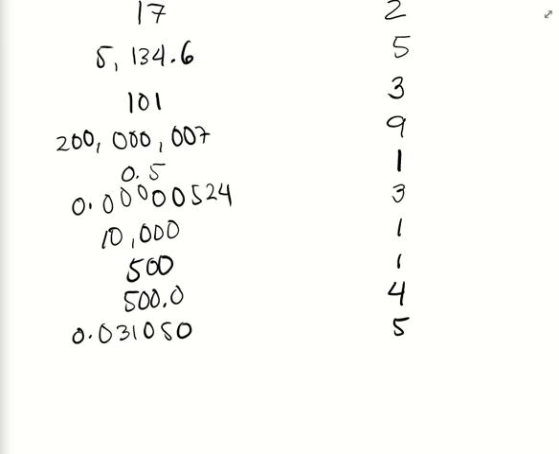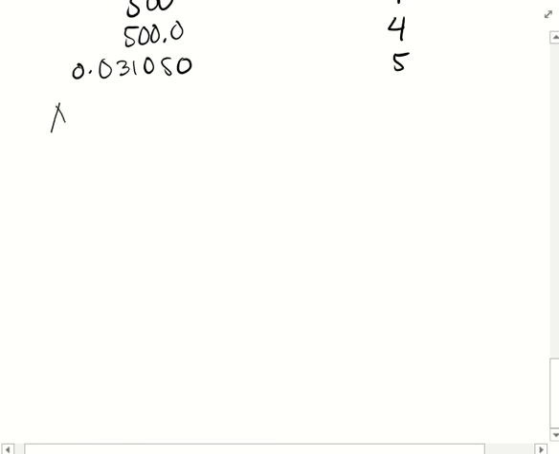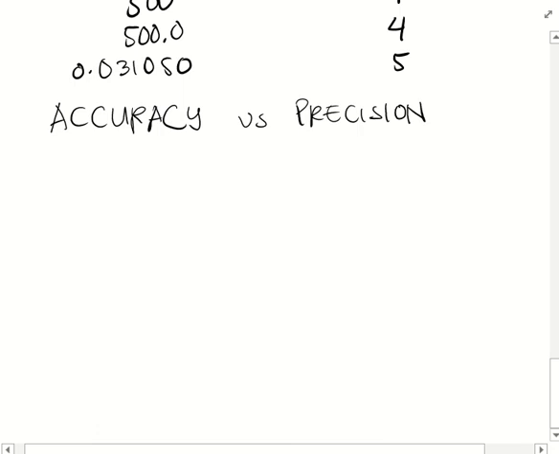Okay, so next, before we go to the error, it's also related with the error. We first define accuracy versus precision. What's the difference between accuracy and precision? So first, what is accuracy?